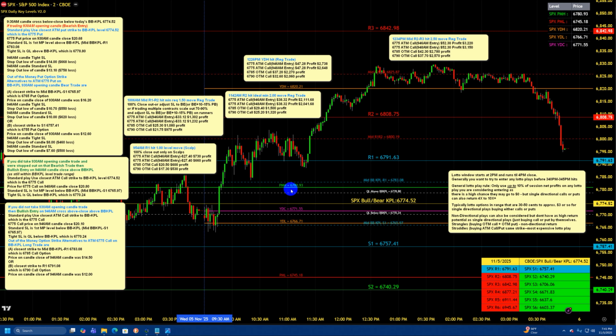One thing to keep in mind is that on any given session, if we're going to see significant upside, the price is not only going to have to start closing above the bull bear key price level, but it's also going to have to close above the PMH level and stay above the PMH level to start reaching the other levels.